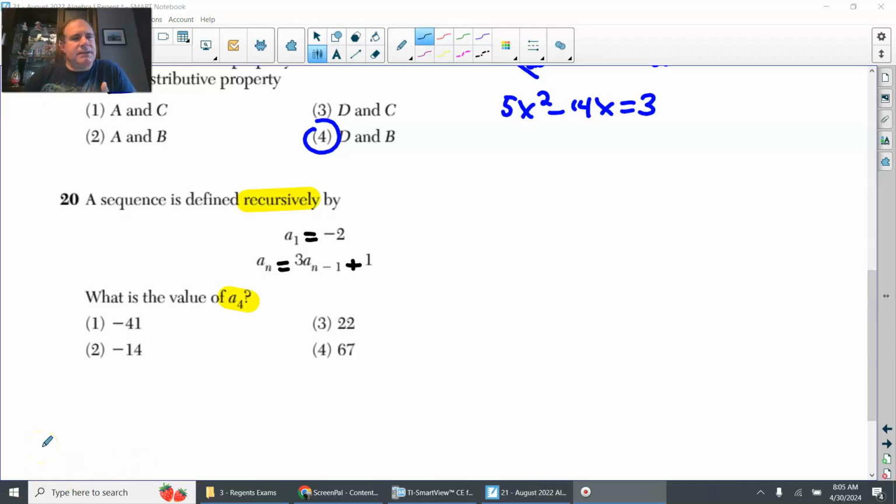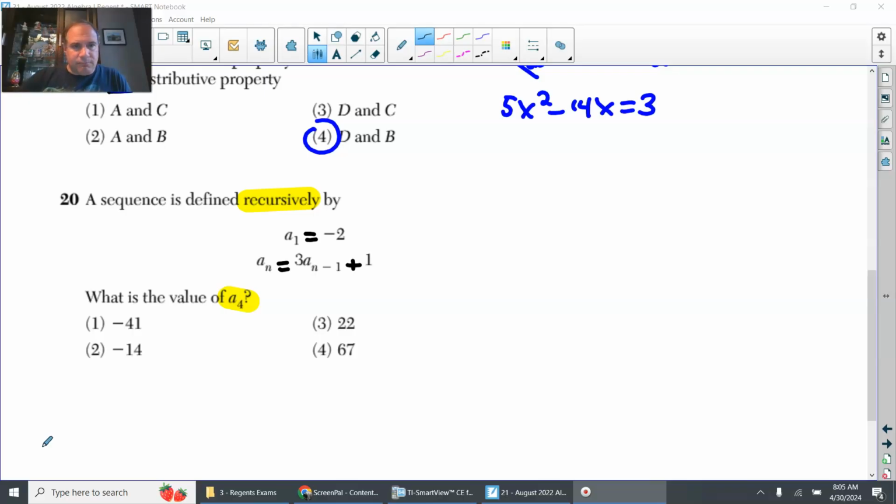So anytime that they say that they want a sequence, a series of numbers, right, that it's defined recursively, that means that you have to have the first term, which is the first term you're talking about, or the term prior, and to get that to work to the next term. And then you use that term, the prior term, the previous term, and you could find the term after.